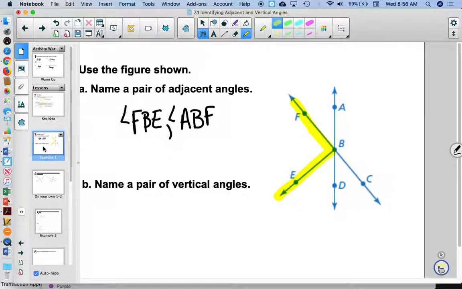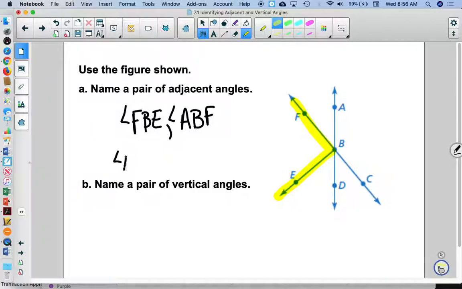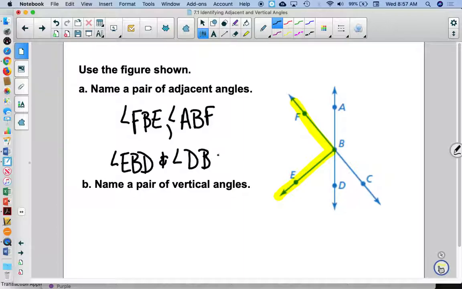Okay? Give me another set of adjacent angles that you can find. Jillian. Angle ABD and angle, what'd you say? You said EBD? And DBC. I agree with that.